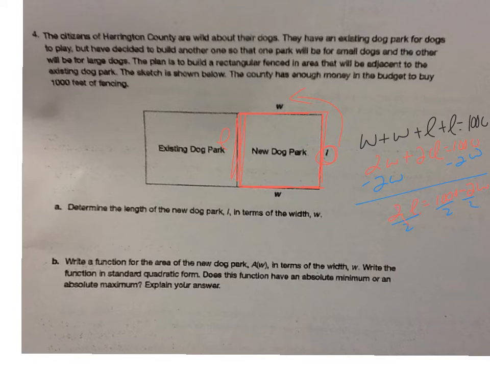So that cancels out. You get L equals 500 minus W. So the length of L equals 500 minus W. All right, so this is your L.